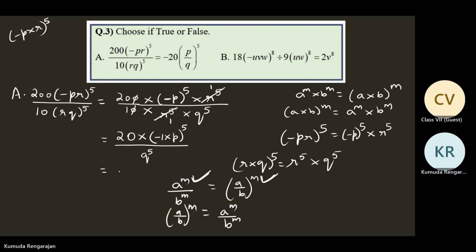Now, what is this? A into b the whole power 5 you can write as a to the power 5 into b to the power 5, divided by q to the power 5.